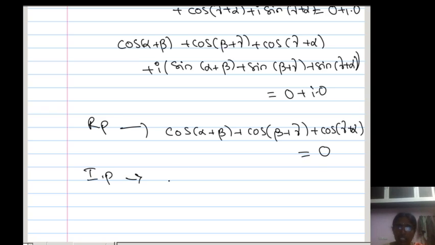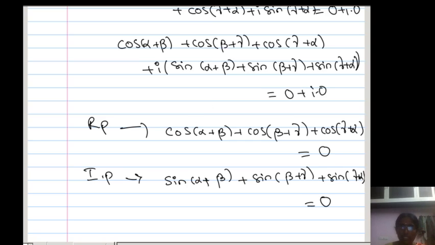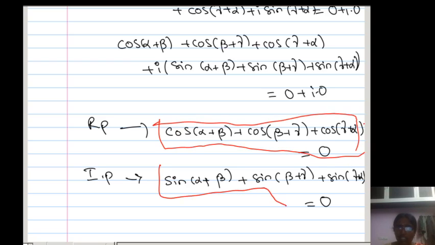We get sin alpha plus beta plus sin beta plus gamma plus sin gamma plus alpha is equal to 0. So we got the two cases here. Not only cos alpha plus cos beta plus cos gamma, but sin alpha plus sin beta plus sin gamma is also 0, comparing the real and imaginary parts. So this is how we prove that second problem.